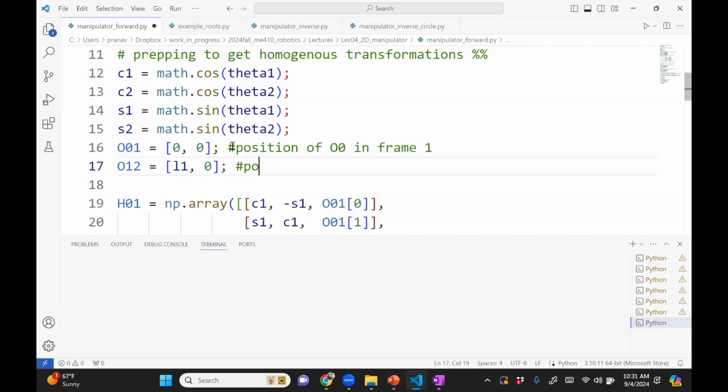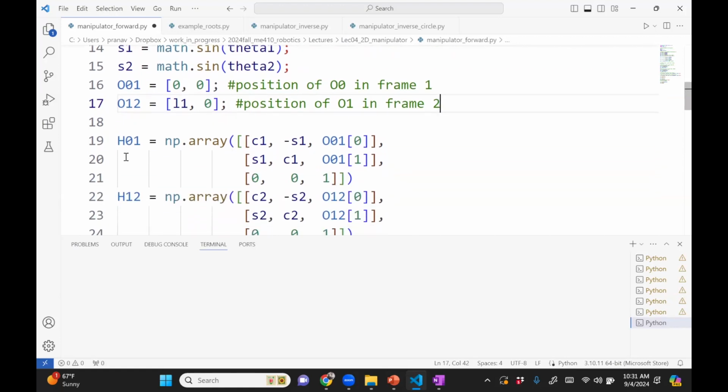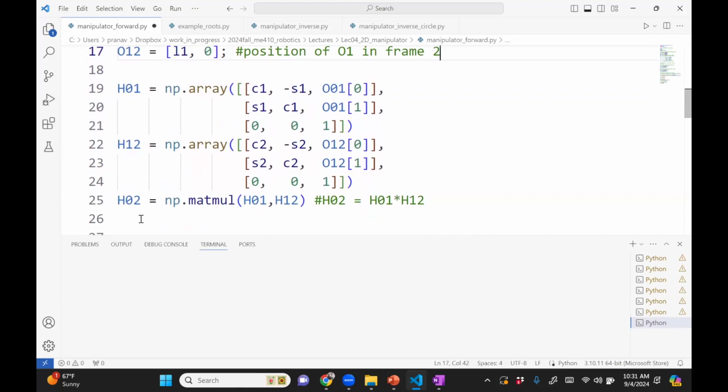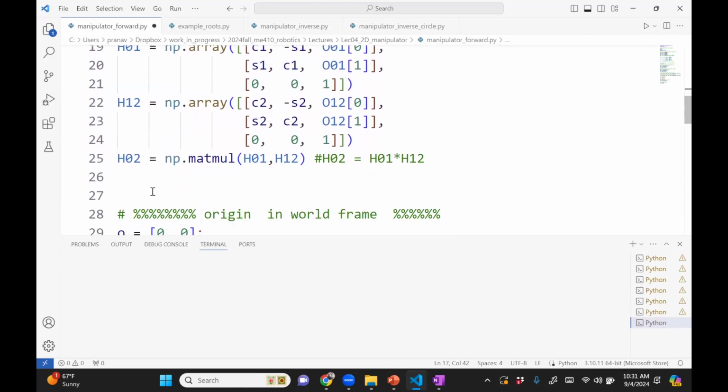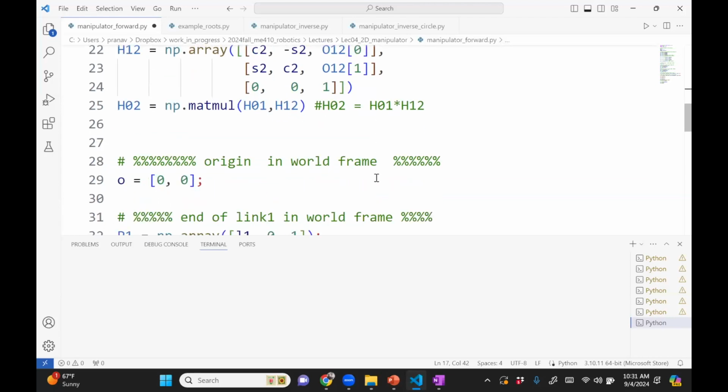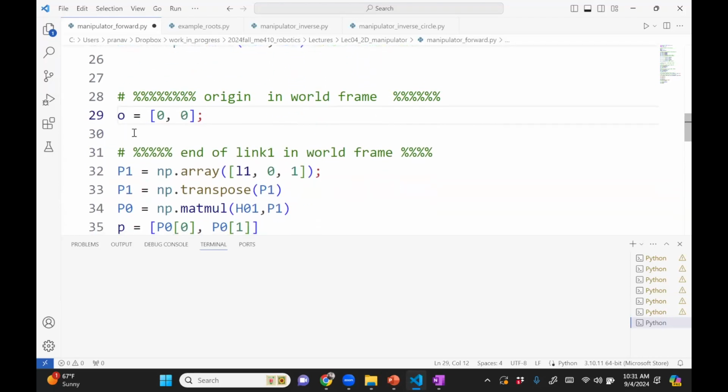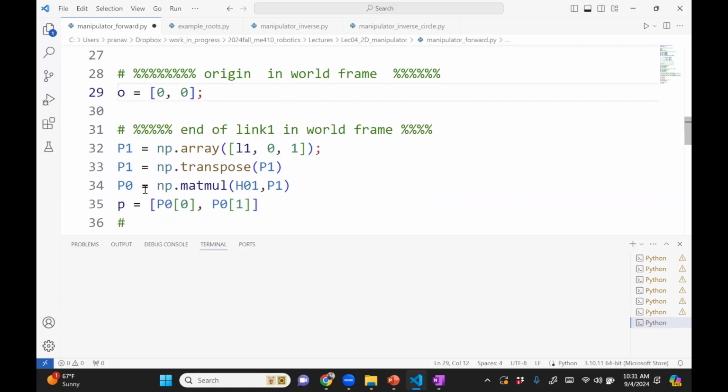And then this is going to be the position of O1 in frame 2. So I define H01, H12. You don't really need H02, which is H01 times H12, if you like, but you could multiply them and keep that ready. So then I have point P0, which is this formula I wrote down, H01 times P1.